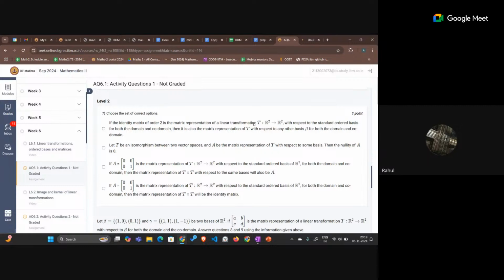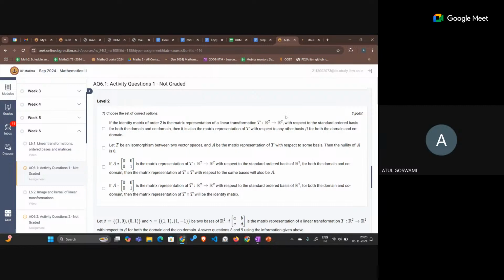So what does it mean for both domain and codomain? What are they trying to tell? This is the domain and this is the codomain, both are R2. Because this mapping is from one vector space to another vector space, both vector spaces would have a basis. So that's what it is saying, basis for domain and codomain.